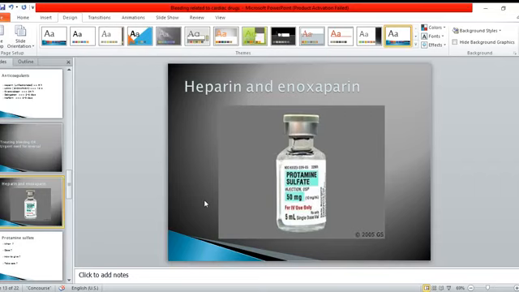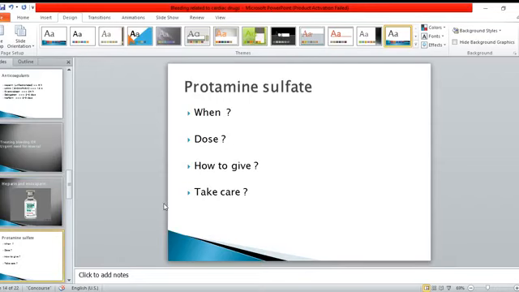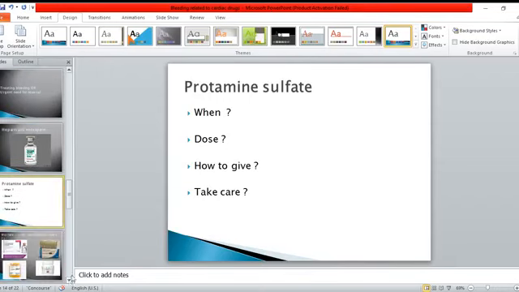Usually the dose is variable, according to the timing and also the previous dosage of heparin. In short, usually we give protamine sulphate by IV infusion. Never give protamine sulphate by very rapid IV, because in these cases it may lead to severe hypotension, or even sometimes severe reactions.